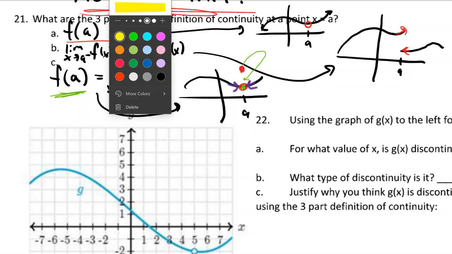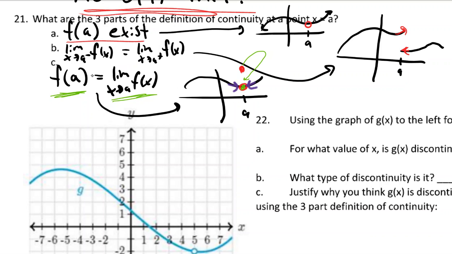So you will probably see this on your test, and you can see from the next questions that you need this to do some justifying. If the point's not there, it's not continuous. If the graph's jumping, it's not continuous. Now you can't just describe it as, hey, it's not continuous because the graph jumps. That's fine to explain it to your friend that way, but that's not a mathematical explanation.